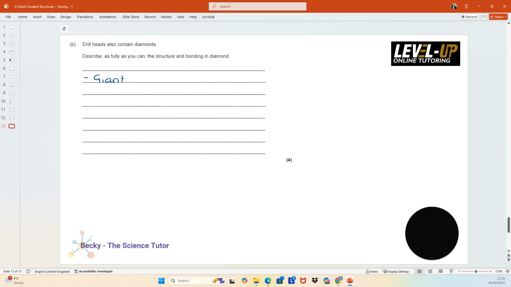So we've got a giant structure, and we're going to say that each carbon forms 4 bonds. You see how these answers, we feel like we've already said them, because once you've got that locked in, once you know why, it's the same process.